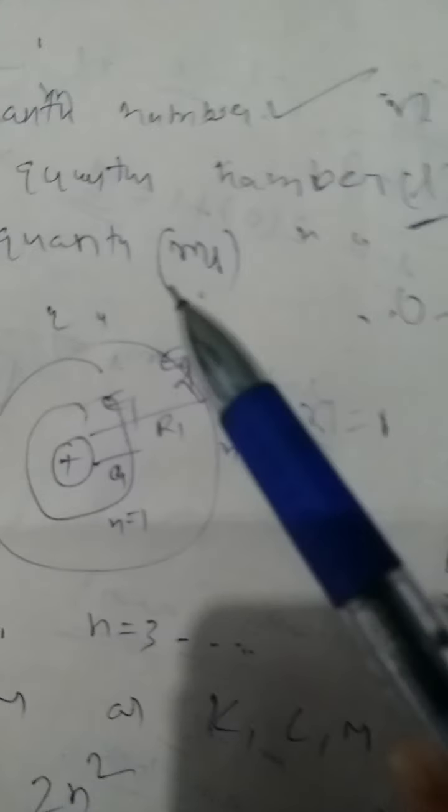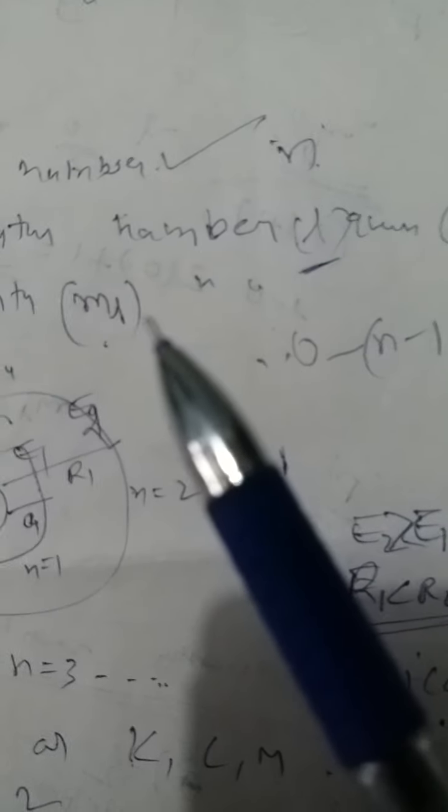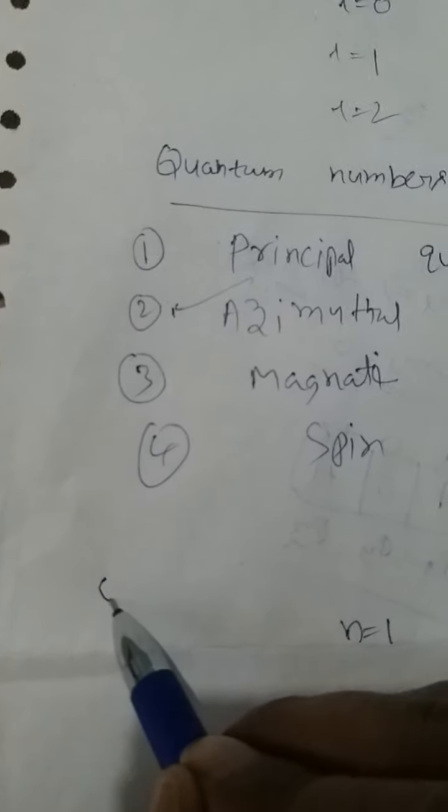These ml values depend on the L value, that is the angular momentum quantum number value. ML values start with minus L, end with plus L, and in between we have 0.